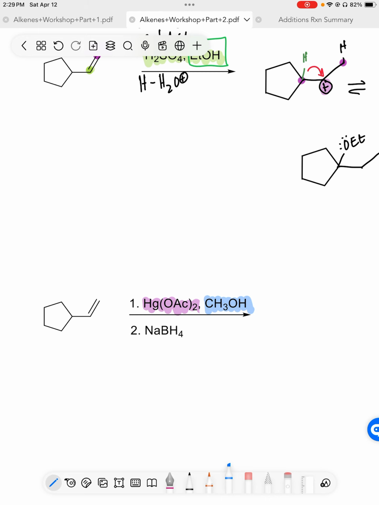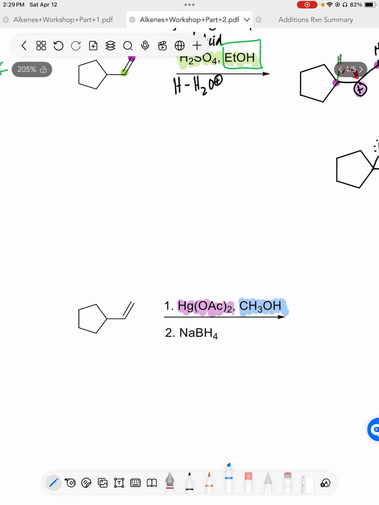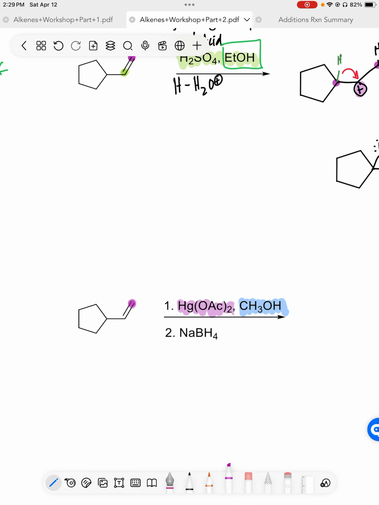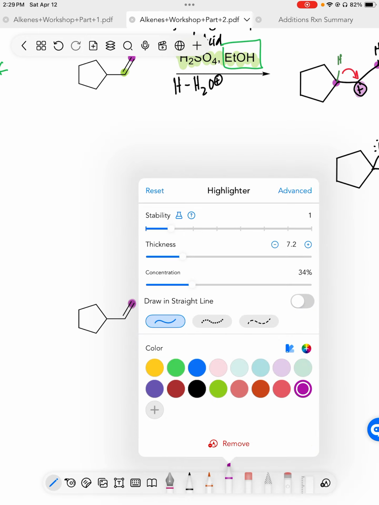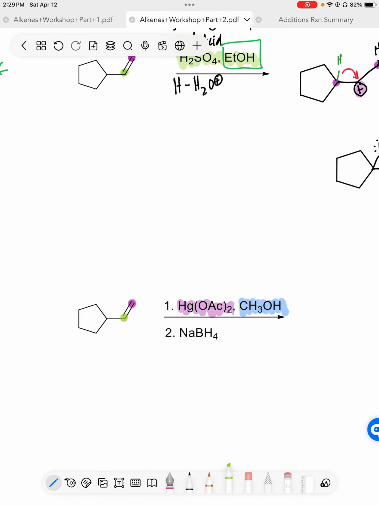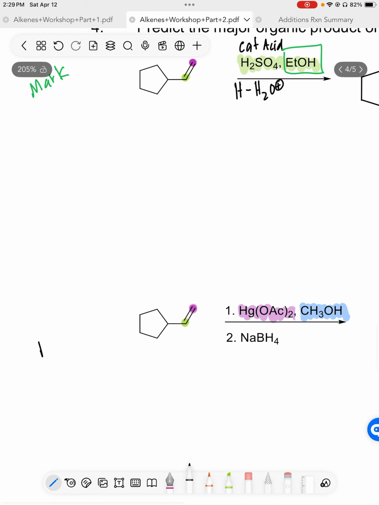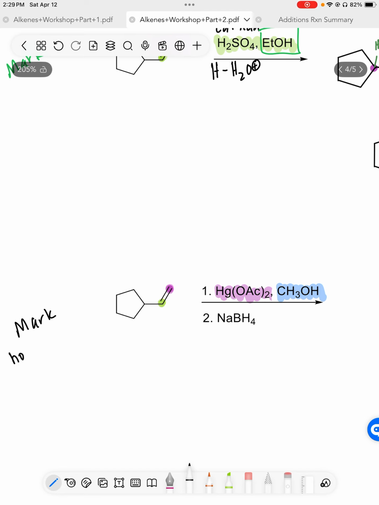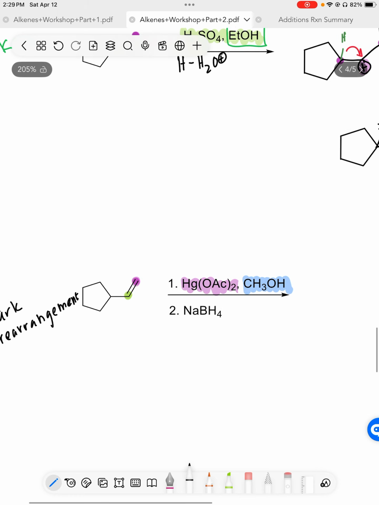And then another important factor for our oxymercuration demercuration is that there is no carbocation rearrangement. So we're just going to assess our more substituted, least substituted carbons. And we're going to add our ether to our more substituted carbon because it is a Markovnikov reaction. Markovnikov, and I'll put no rearrangement, because it's oxymercuration demercuration.